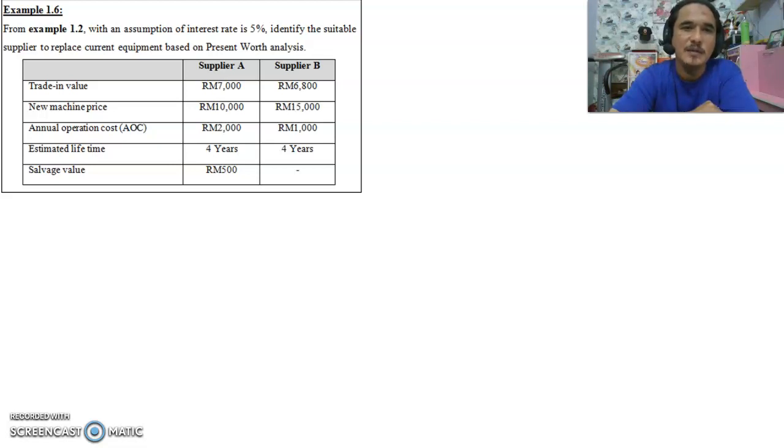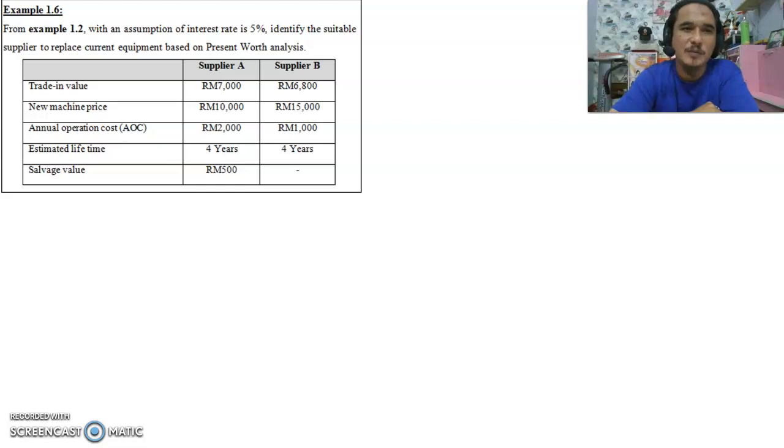Currently, two suppliers have approached us, each offering a trade-in value and an estimated lifetime of 4 years. Our dilemma is which one to select: supplier A or supplier B.